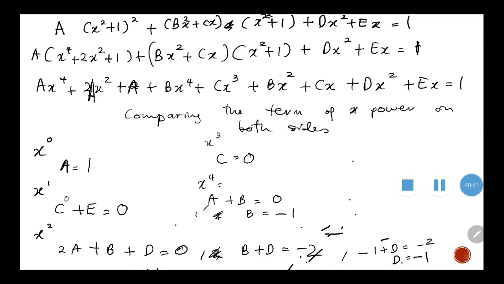So now we know everything: A, B, C, D, E. A is 1. B is minus 1. C is 0. I hope you write it down because I want to erase everything here. And D is minus 1, and E is 0.